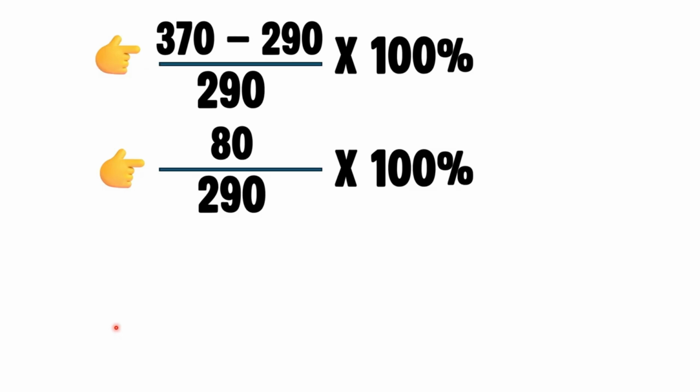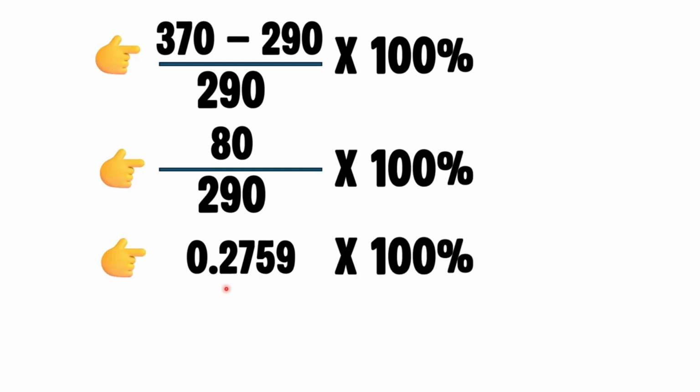Okay, next. Divide the increase by the original value. So, the increase is 80 divided by the original value, 290, which is 0.2759. And then the next step is to multiply by 100 to get the percentage.